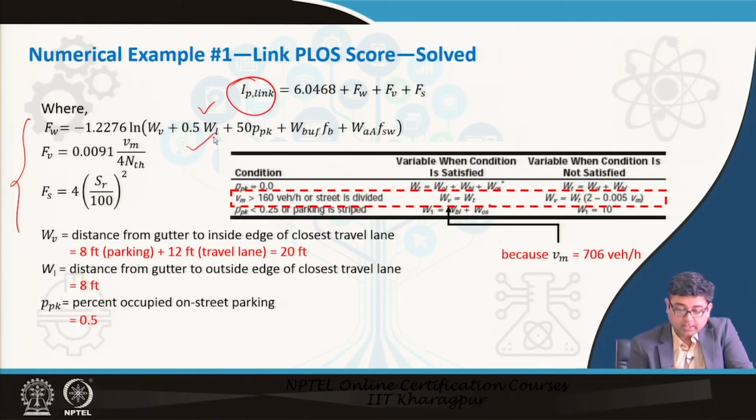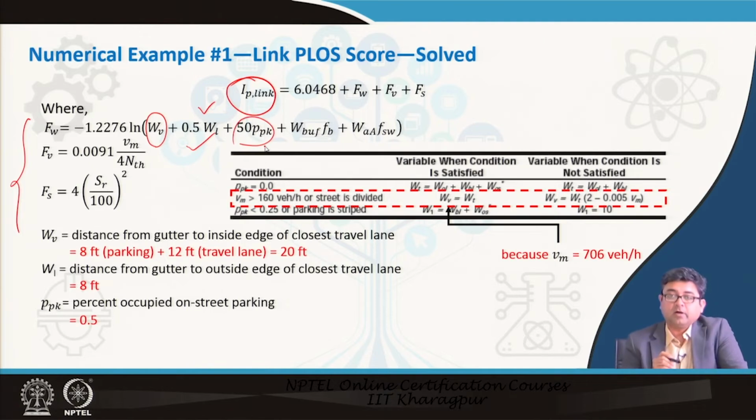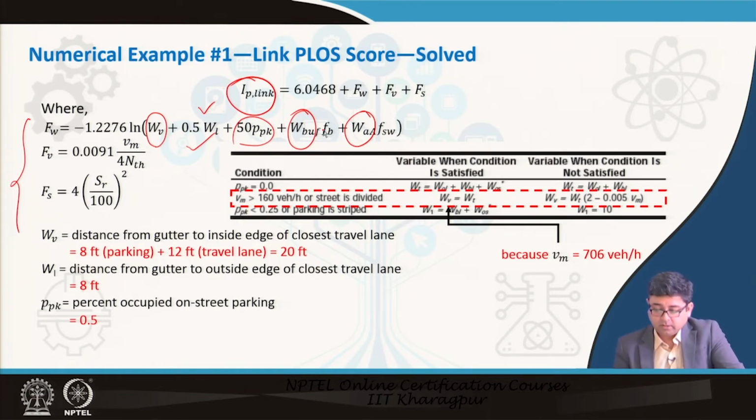So, that WL you have to know: the effective width of the outside shoulder lane plus the bicycle lane, percentage of parking, if there is any buffer width, and what the effective width of the sidewalk is.